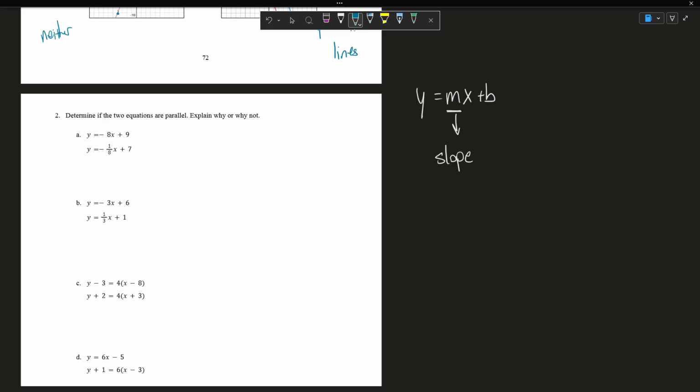So I see this slope, m equals -8. This one, m equals -1/8. They're different, and they're reciprocals, but they're not opposite reciprocals. So this is no, because they have different slopes.